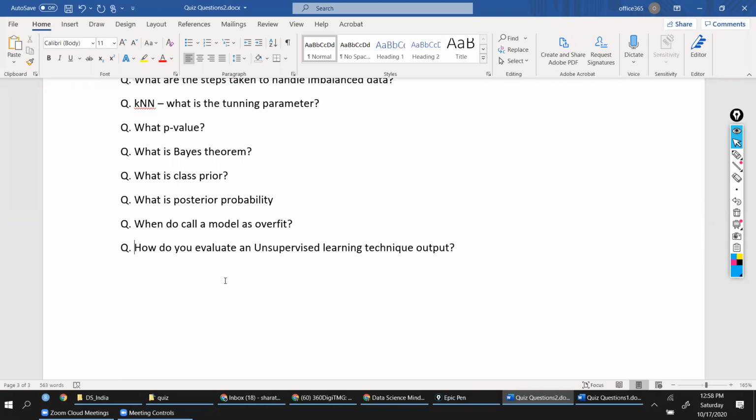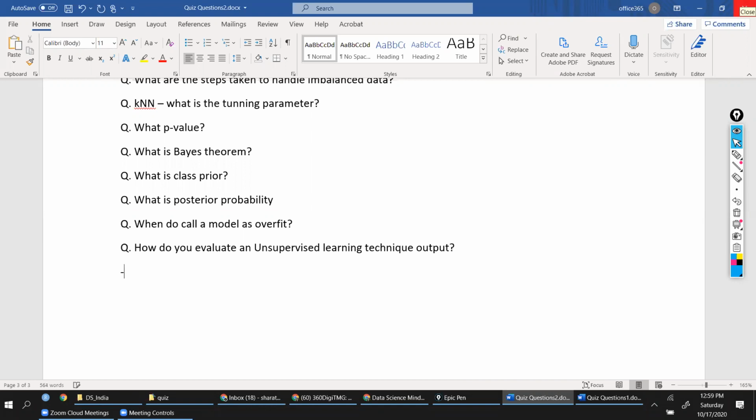There are no quantifiable techniques to measure the output of unsupervised learning techniques. So we will have to take a subjective decision based on inputs from subject matter experts.